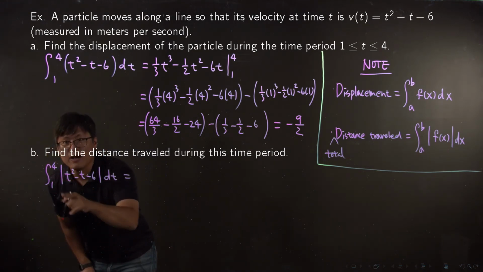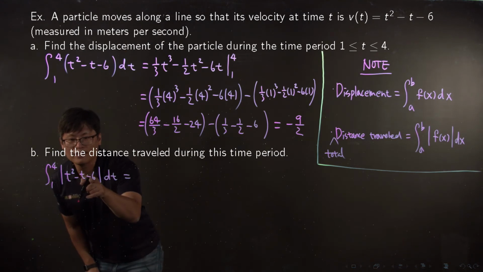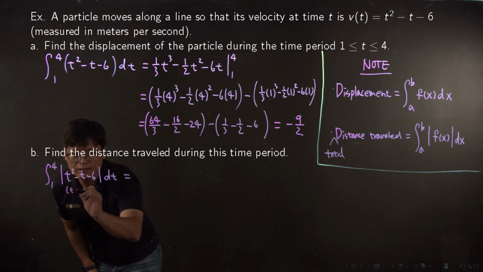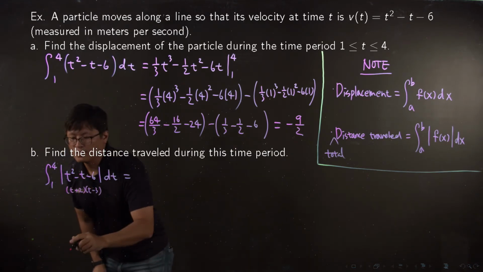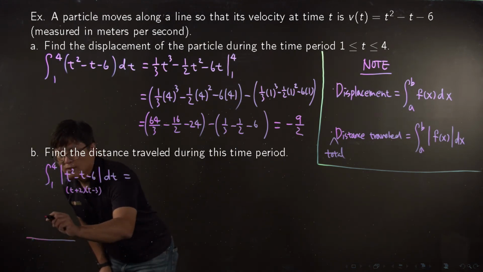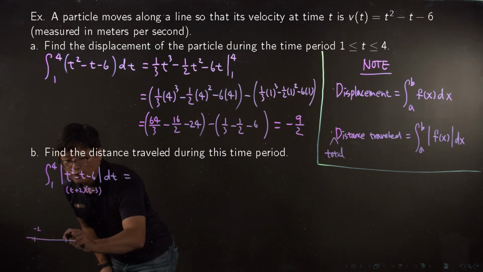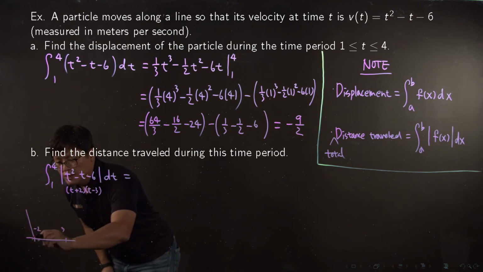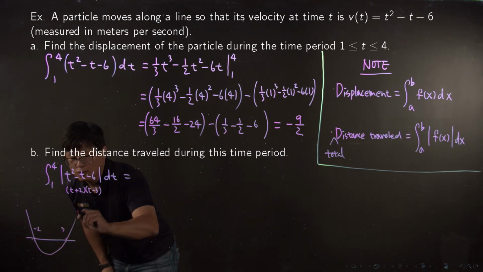It is definitely a smiley face parabola, right? And your intercepts are, since this is (t plus 2)(t minus 3), negative 2 and 3, the x-intercepts, right? Negative 2 and 3. So this is your graph.